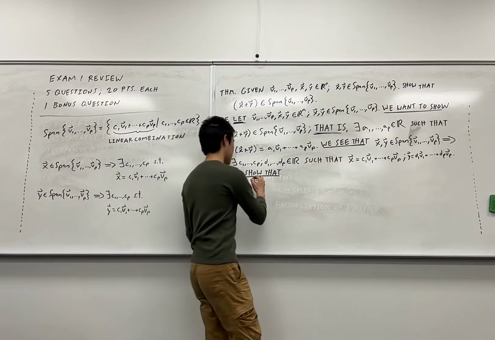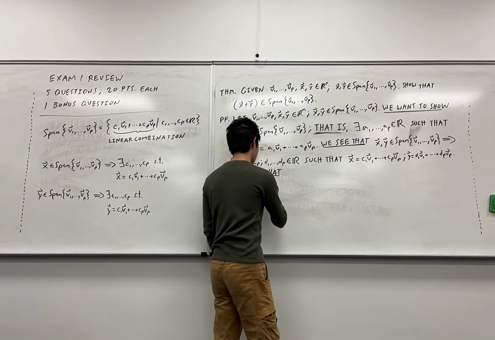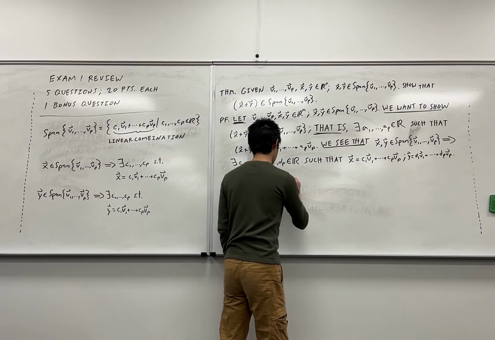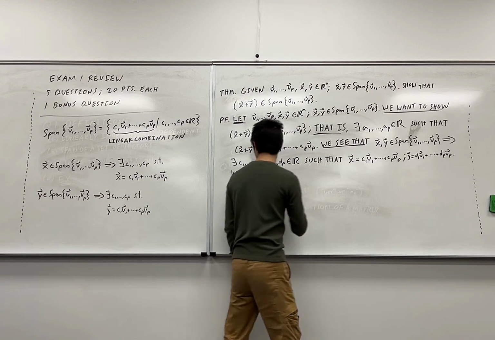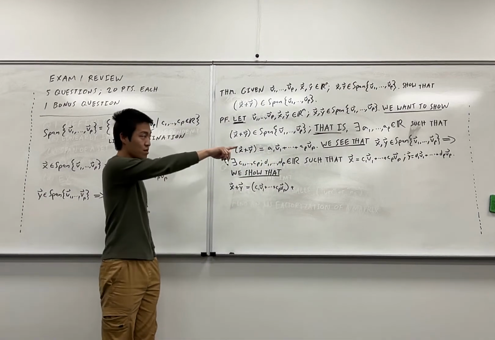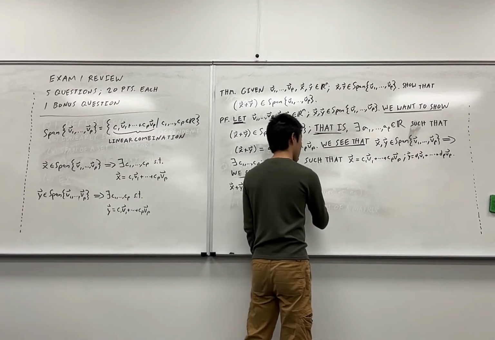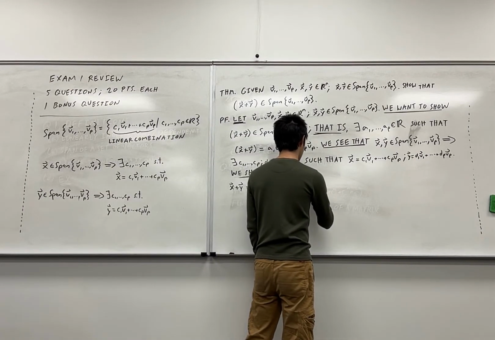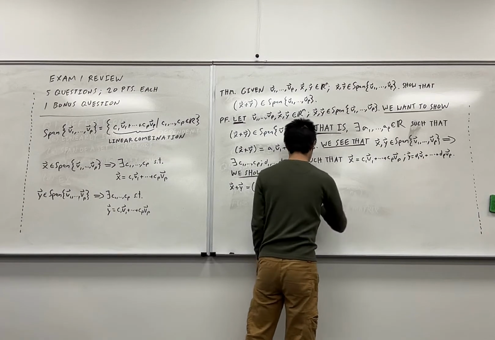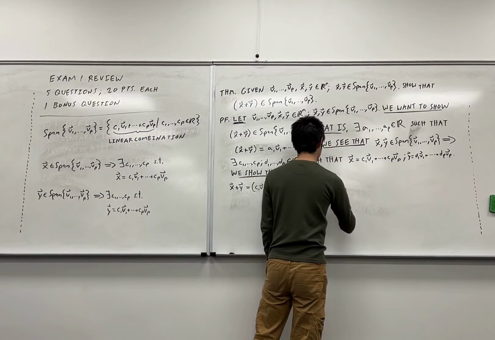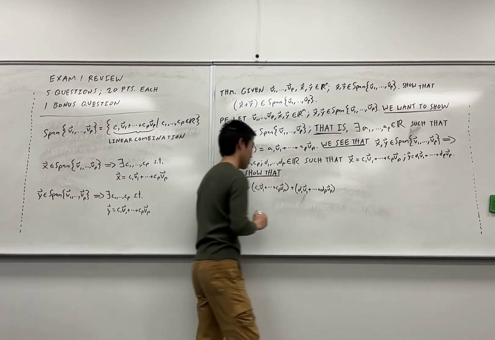If I have x, that's C1V1 plus ... plus CPVP. And then y, because I know it's in the span, by definition there has to be this linear combination: D1V1 plus ... plus DPVP.